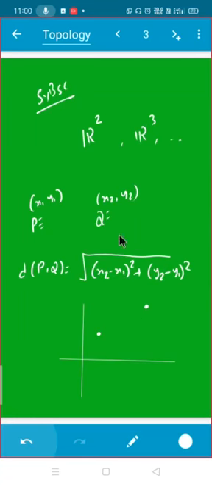From the graph, what do you think this distance actually is? This is the smallest distance between P and Q. And do you know how this formula came actually? Why is this square root of this and this? Do you have any idea about that? Pythagoras theorem. Exactly, Pythagoras theorem.